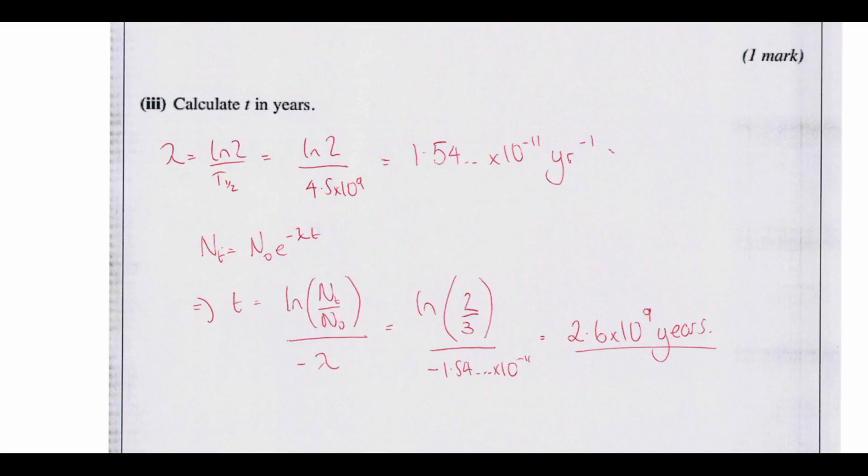If we rearrange this equation, we now have it in this form right here. We know that N over N0 is 2/3, which is 2 times 10 to the whatever, divided by 3 times 10 to the whatever. Put those numbers in and we get 2.6 times 10 to the 9 years. So fairly straightforward there. That concludes this review of this assessment, and I hope you found that useful.